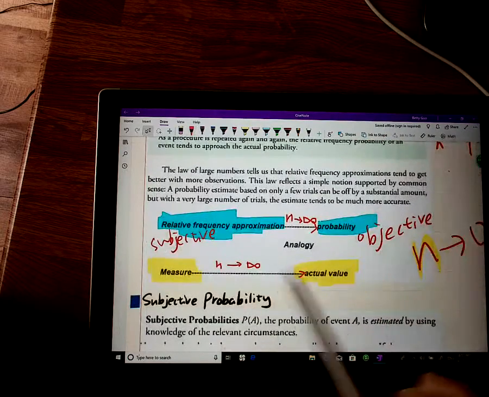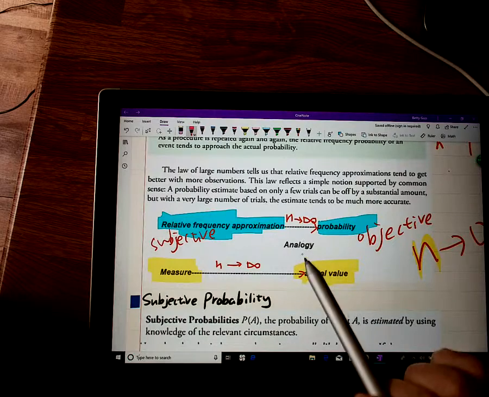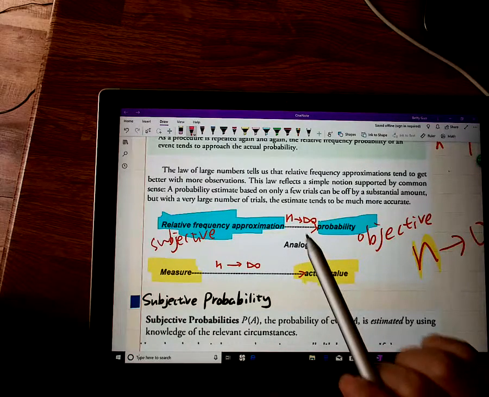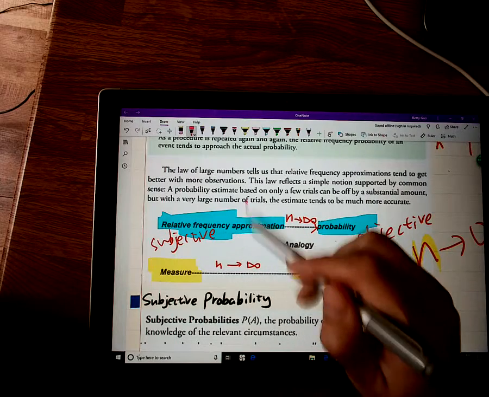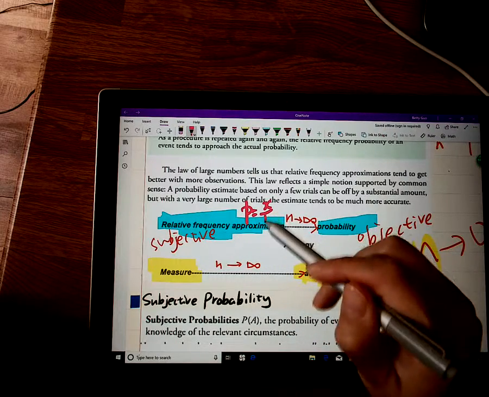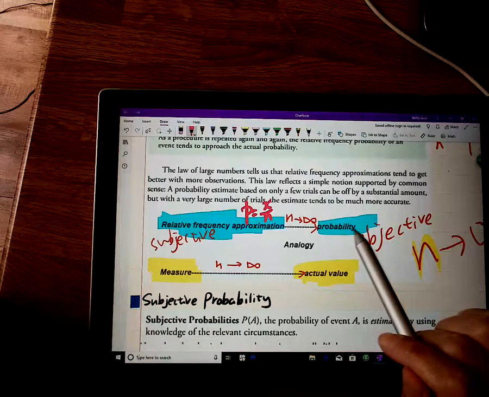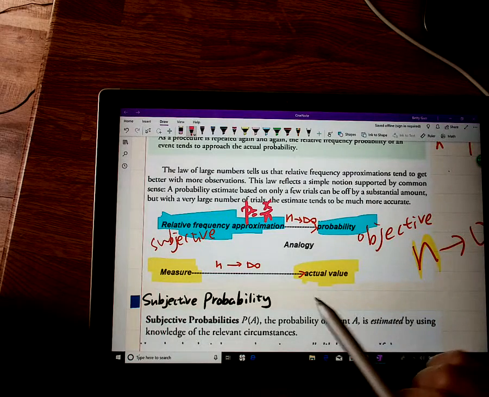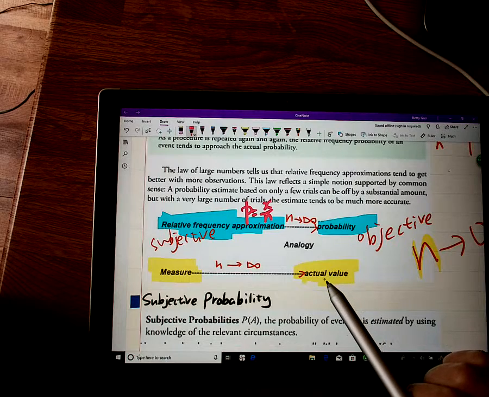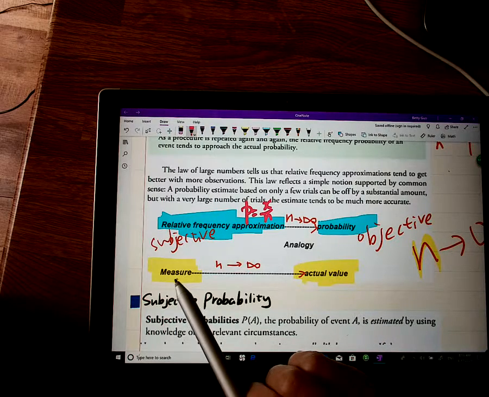Now I have an analogy to show you the relationship between the relative frequency approximation, P equals X over N, the sample proportion, and the actual value of the probability of the event. Let's say we have a table and we want to measure its length. The measurement that you get might be different from the measurement I get for the same table.